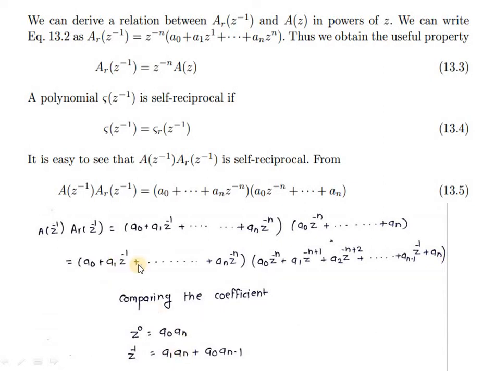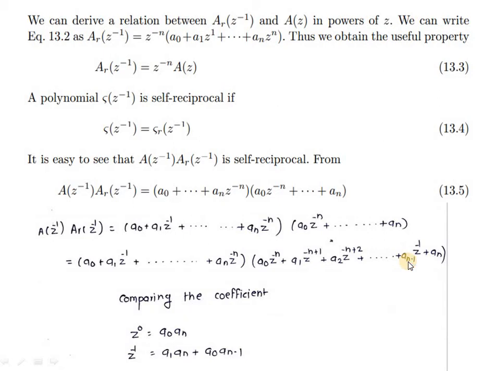And the other term for z raised to minus 1 is when we multiply this a0 with the term a of n minus 1 into z raised to minus 1, it also comes as a of n minus 1 into a0 into z raised to minus 1. Means this is also a coefficient for z raised to minus 1. Therefore the coefficients for the z raised to minus 1 term are, first, a1 into an, and the second, a0 into a of n minus 1.